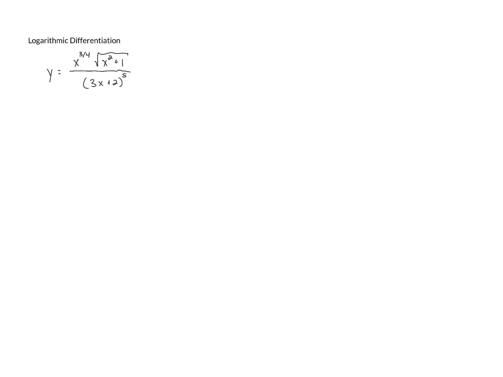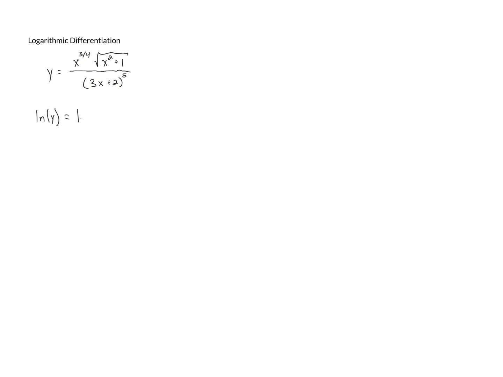All right, that's just going to be awful, but we can make things a lot easier if we take the natural log of both sides and then use implicit differentiation, as we've been doing recently. So let's take the natural log of both sides. On the left-hand side, that's just going to be ln of y.